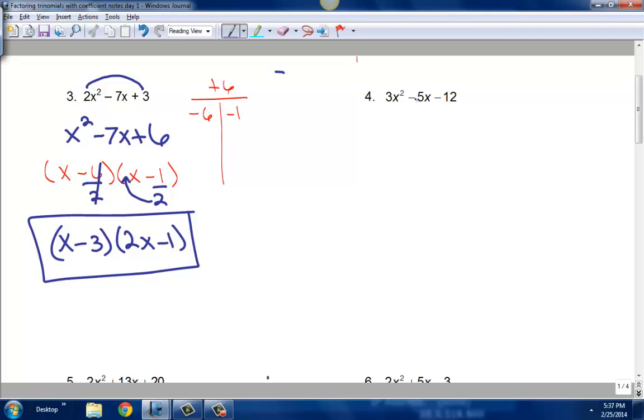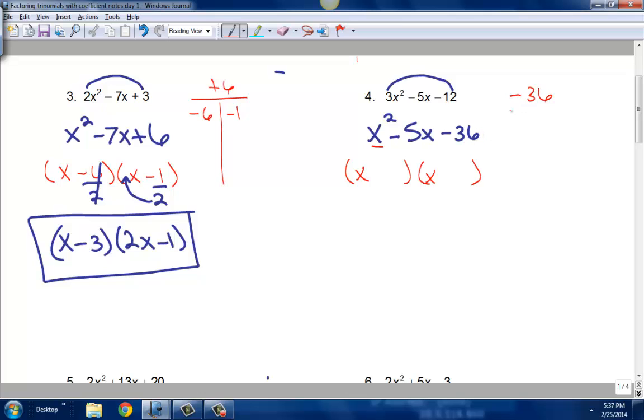Last one, and we'll call it quits for the day. Have a lead coefficient that I'm going to multiply times the end, and rewrite my trinomial. 3 times negative 12 is a negative 36. When I factor this guy, x times x is the x squared term.